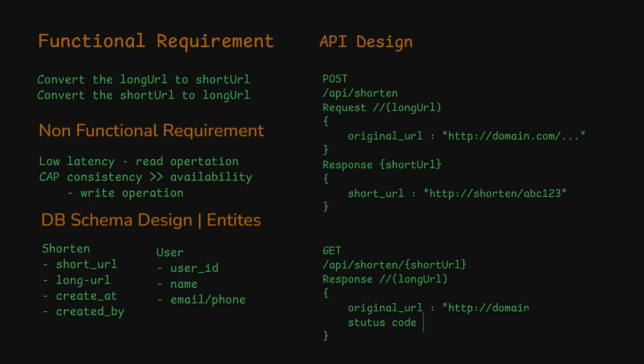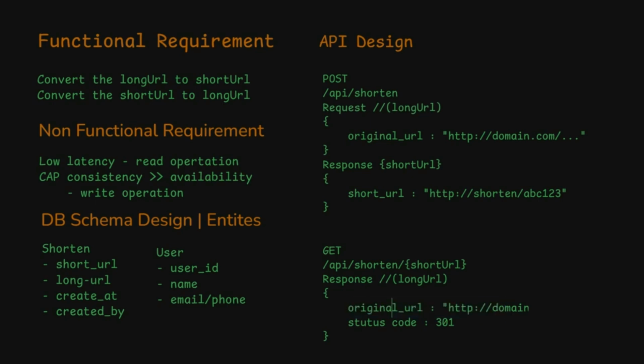Status code is the terminology for the web application. If we send the status code as 301, the 301 status code gives an instruction to the browser that once it receives this JSON as part of calling the API, it should redirect the request to this URL.